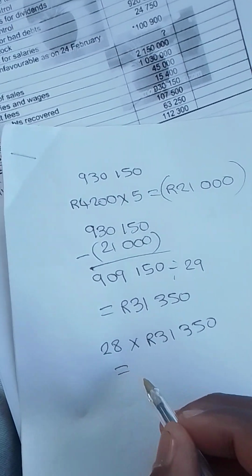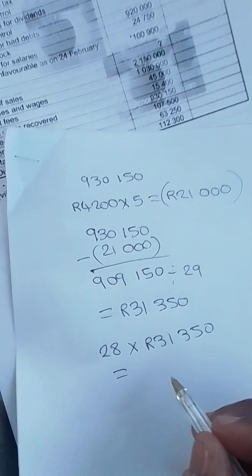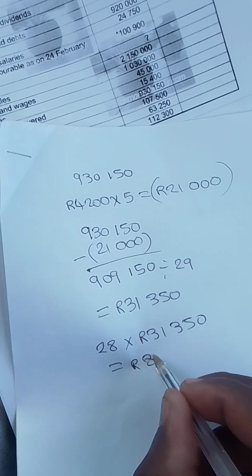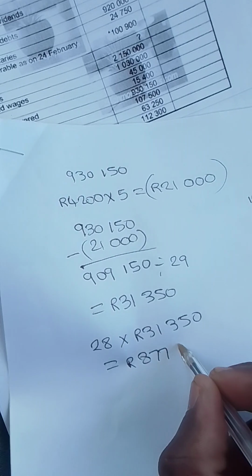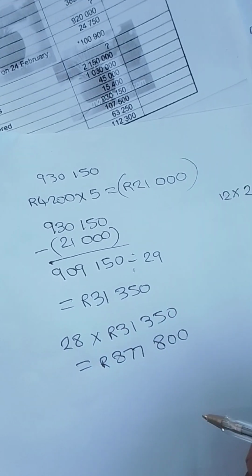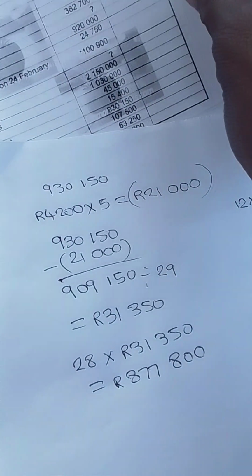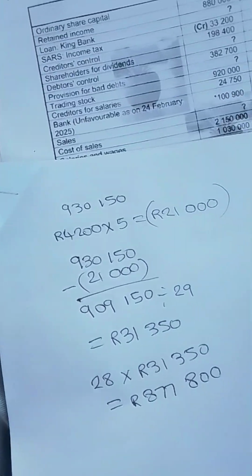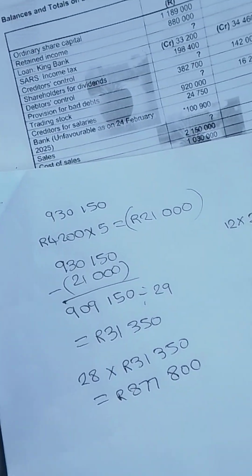Then when we calculate this, we get 877,800. This is how much was supposed to be paid to the directors for the financial year.